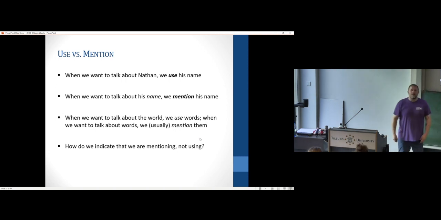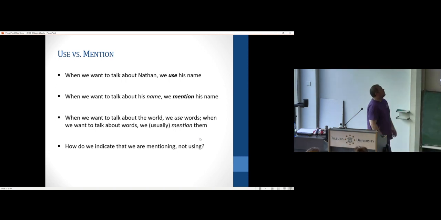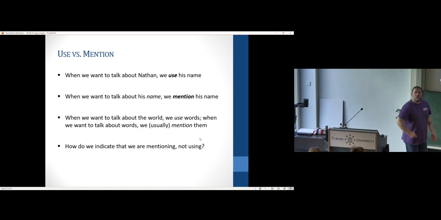To introduce some terminology, we had it a little bit already. When we want to talk about an object, we use the term that it refers to. We want to talk about me, we use my name. When we want to talk about the name, we mention the name. That is, we use a name, we go through the door, and we talk about the referent. When we mention the name, we stop and we talk about the door itself. When we want to talk about the world, we use words.